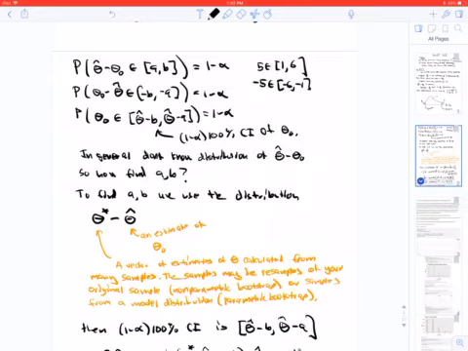If you do a non-parametric bootstrap, you would have your original sample, and you would just resample from that sample many times, each time calculating what the estimator is.